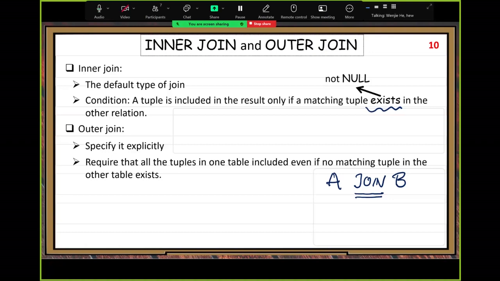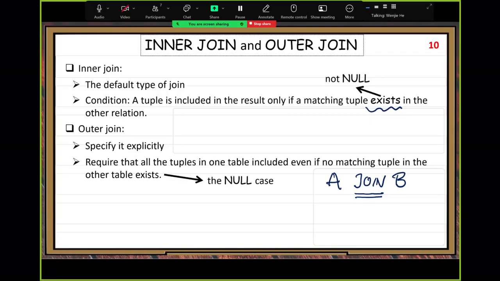That means your join condition is not satisfied, but you still include the tuple in one of the two tables, either A or B, corresponding to left outer join and right outer join. These two types.